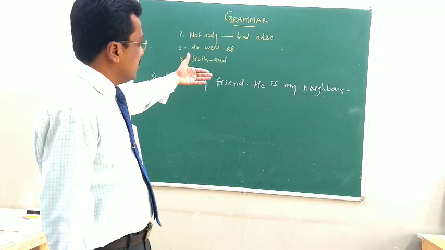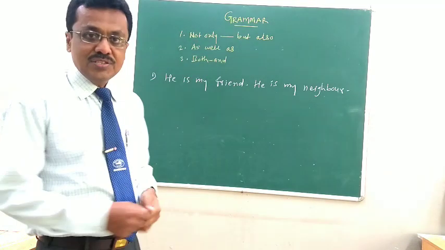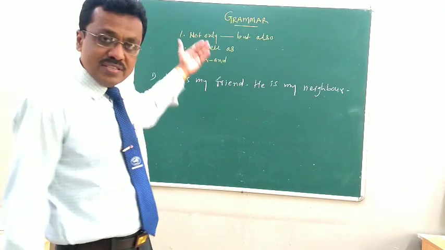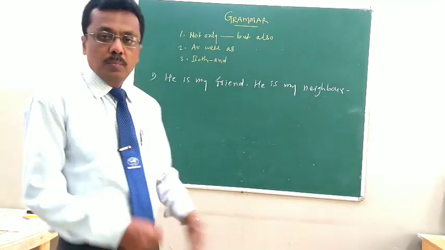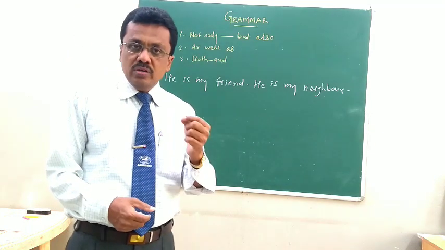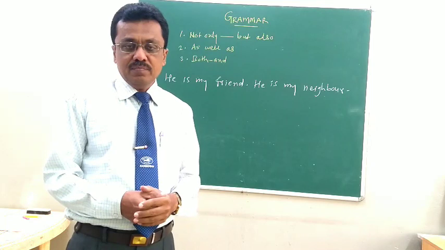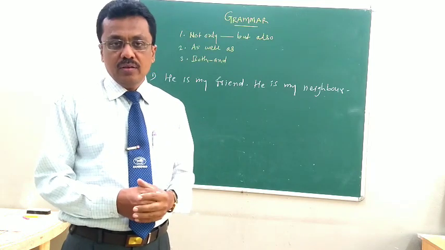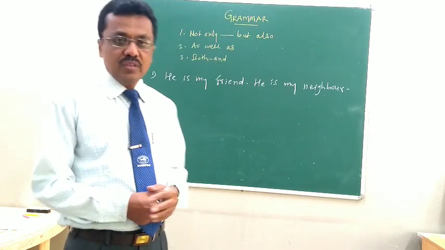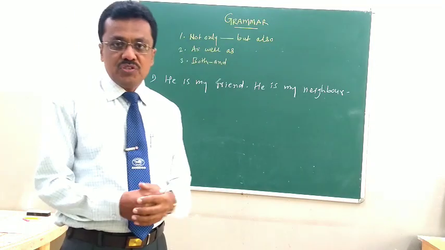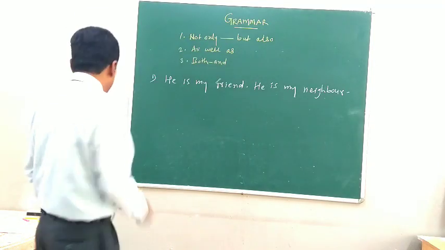Then for the same sentence, we will use as well as. Then for the same sentence, we will use both and. So, in a single sitting, with one example, we are going to discuss these three topics.